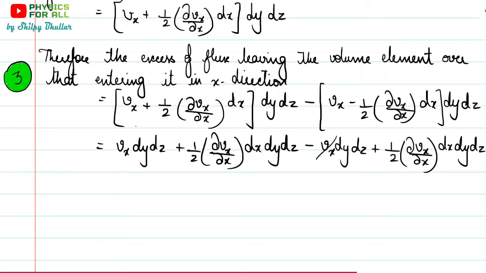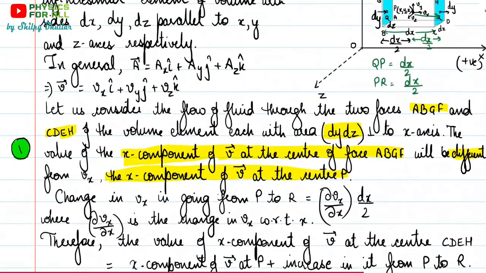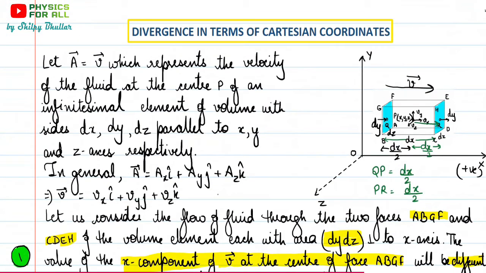So these two will get cancelled and we are left with half and half, which would give us 1. So we have ∂Vx/∂x dx dy dz. This is the actual difference in the flux. So do you think that's it? Is it over? Do you really think so? Or do we need to do something else?